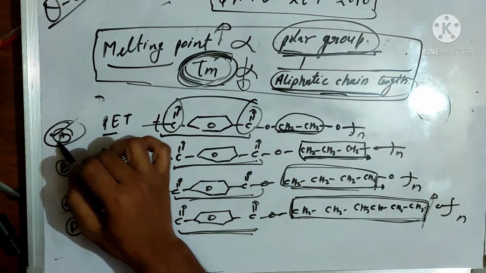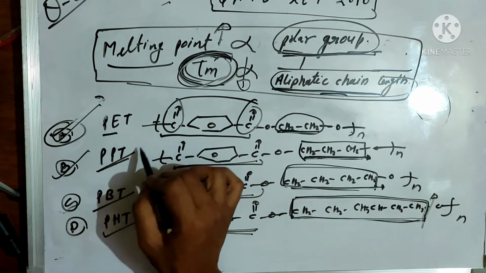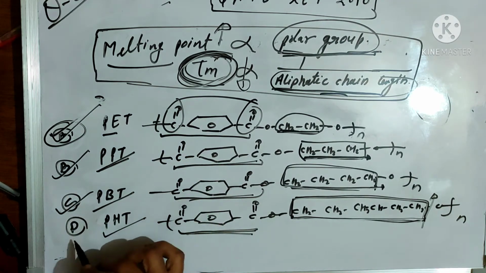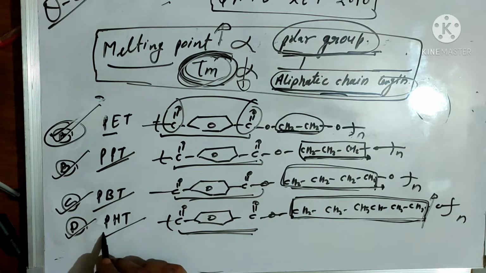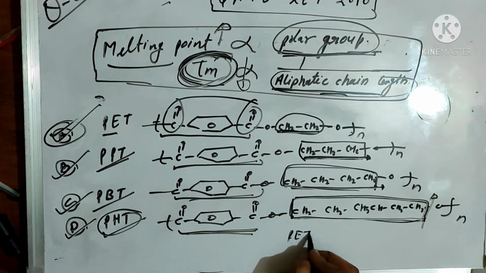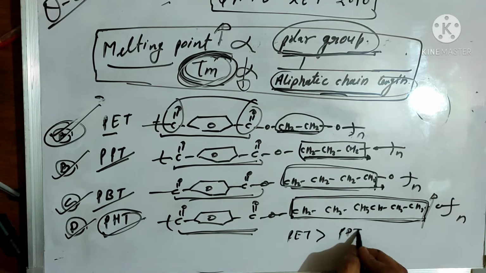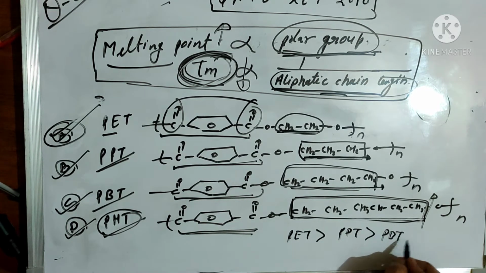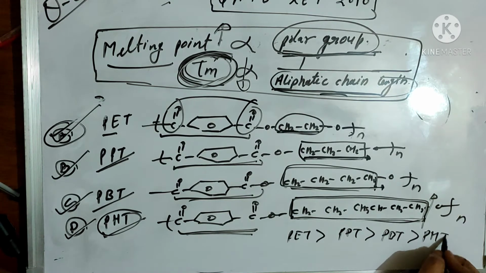So the highest melting point is polyethylene terephthalate, then polypropylene terephthalate, then polybutylene terephthalate, then polyhexylene terephthalate. The melting point order is PET greater than PPT greater than PBT greater than PHT.